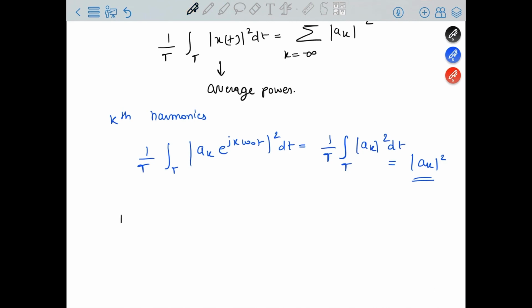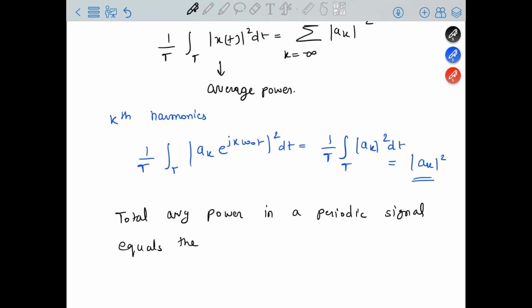What it states is that the total average power in a periodic signal equals the sum of the average power in all harmonics.